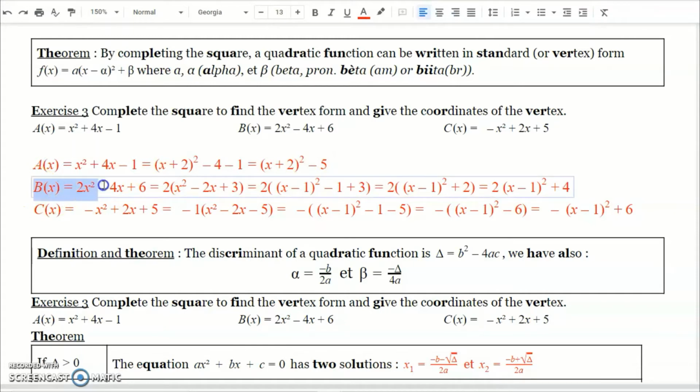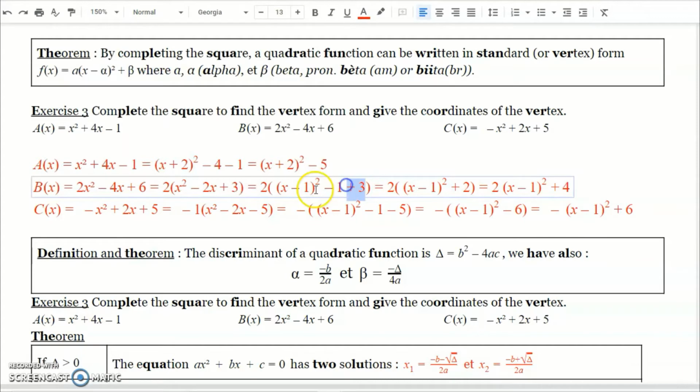b(x) is 2x squared minus 4x plus 6. First we factorize by 2 to get 2 times (x squared minus 2x plus 3). We can see that x squared minus 2x is the beginning of the identity (x - 1) squared, but we're missing a 1 here, so we have to put a minus 1 here.